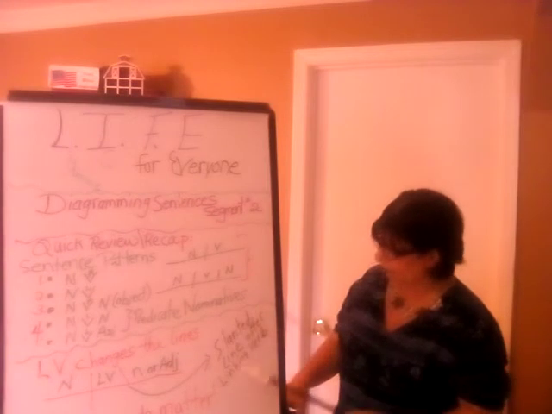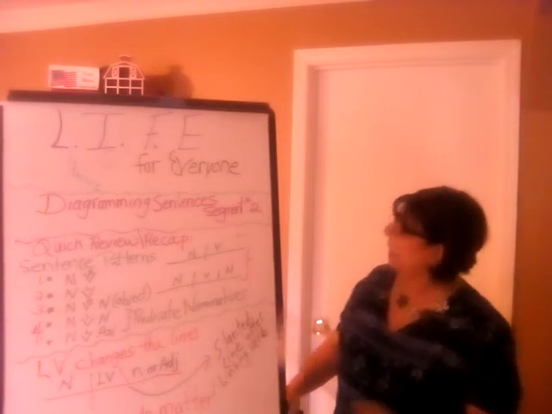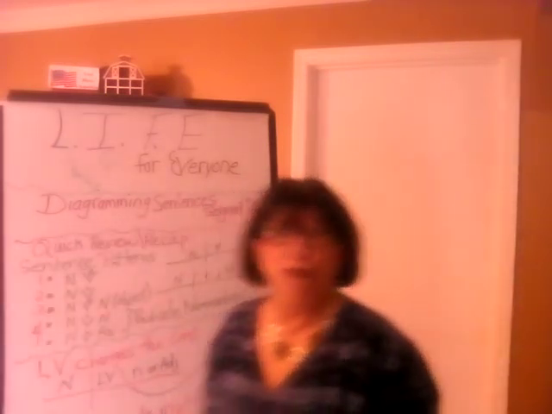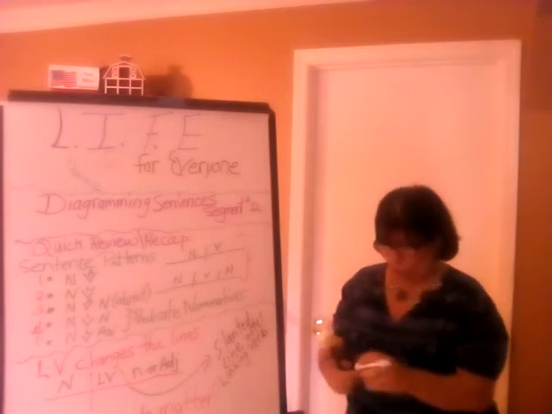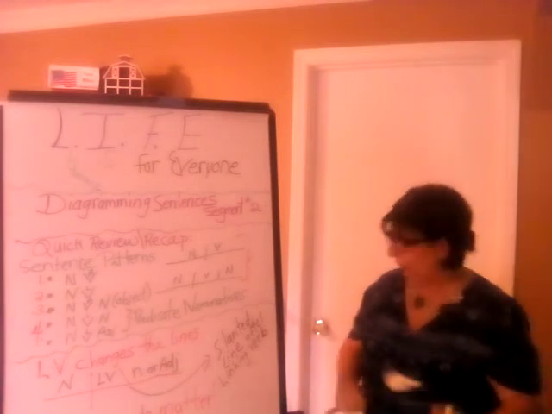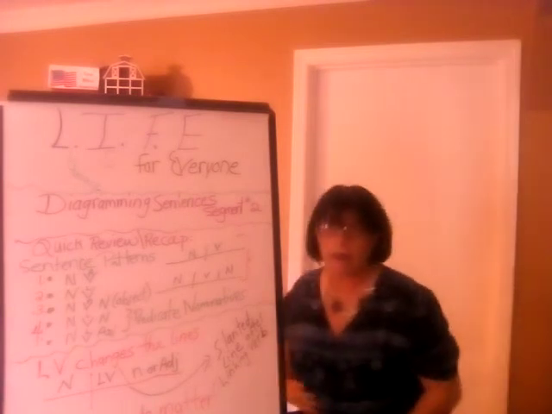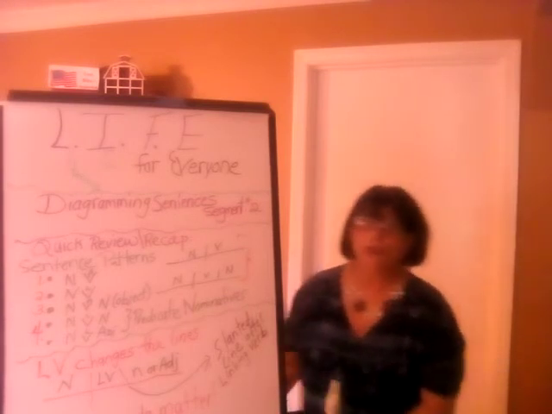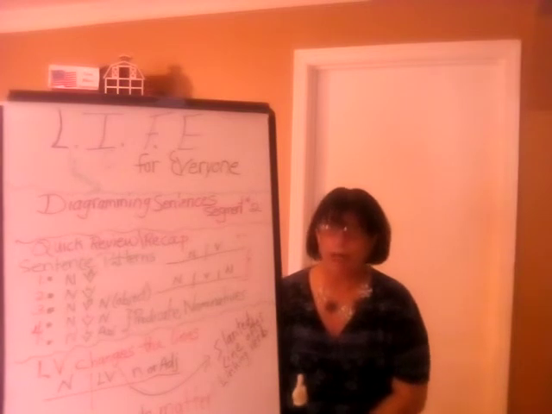Slanted line after linking verb. Okay? This is segment 2. And segment 2, as you can see, is a very brief segment. So I'm going to go right on, instead of making it a different lesson, to segments 3 and 4, which I have also combined.